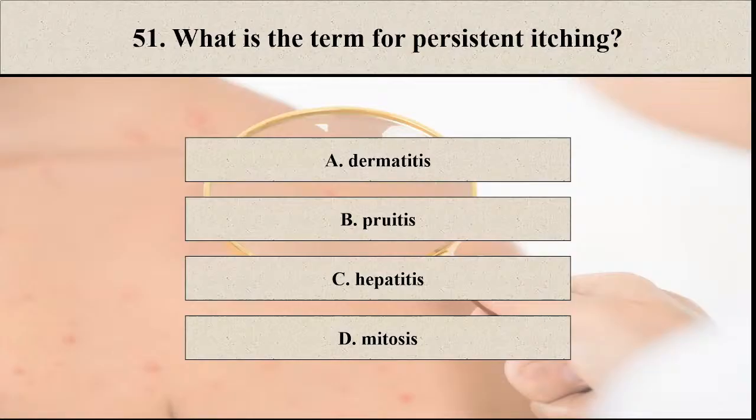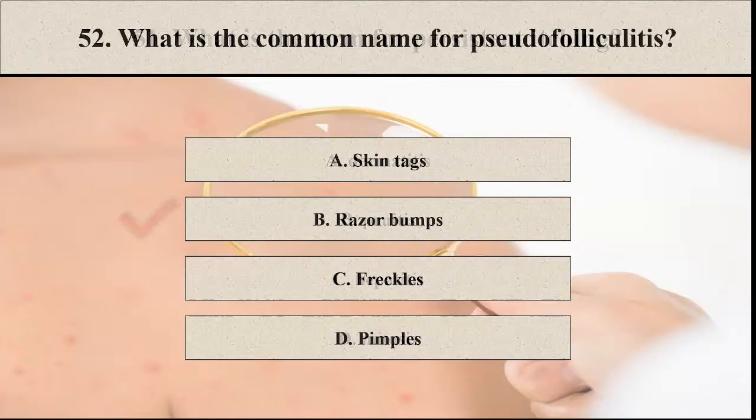What is the term for persistent itching? Is it dermatitis, pruritus, hepatitis, mitosis? If you chose B, pruritus, you are correct.